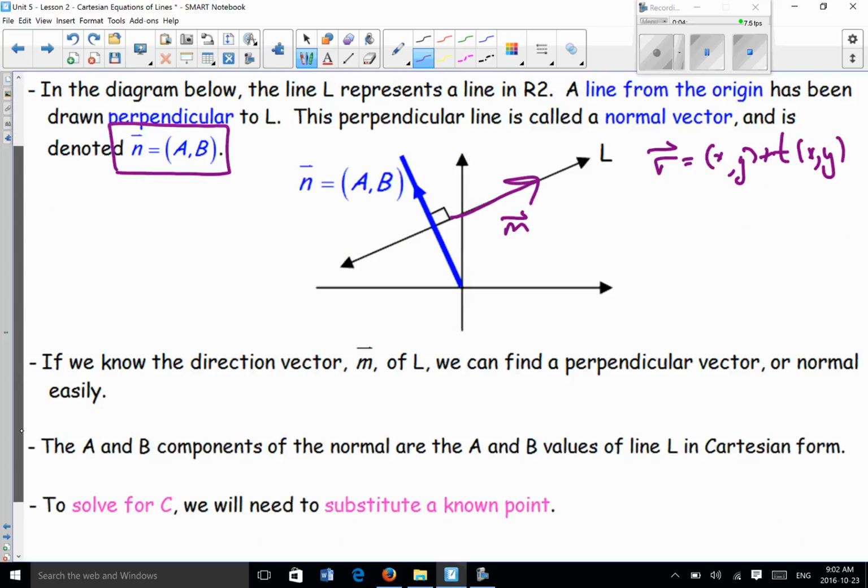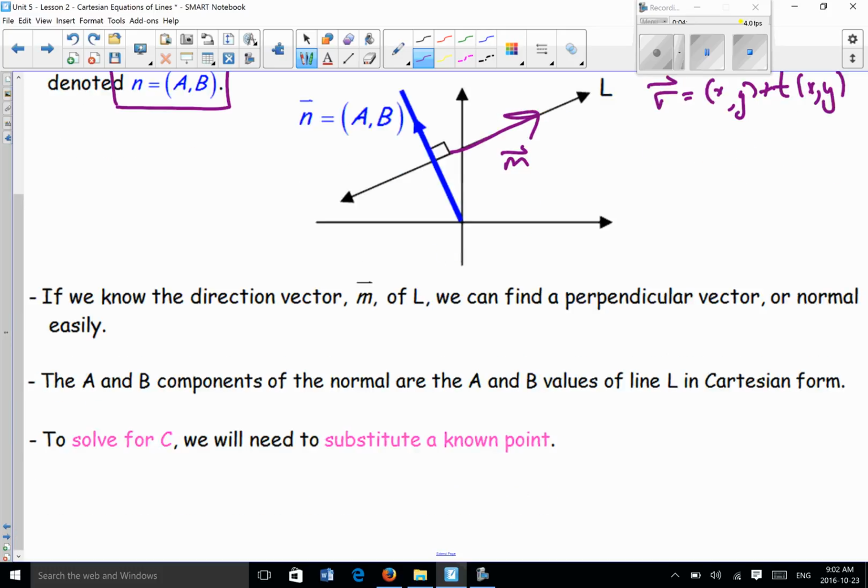Well, the nice thing with these two vectors is that a and b actually form the coefficients of the Cartesian equation of line L. So if we can find a perpendicular vector, which we know there's a shortcut for doing, then we actually have the Cartesian coefficients. And all we have to do is solve for c using some known point.